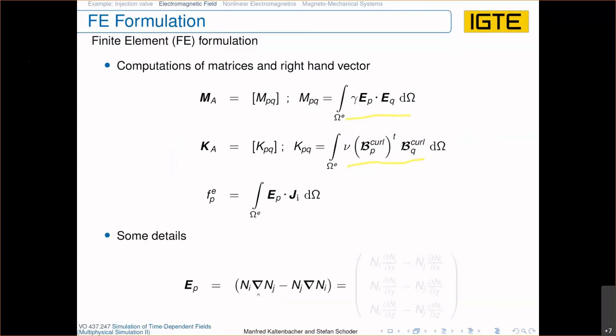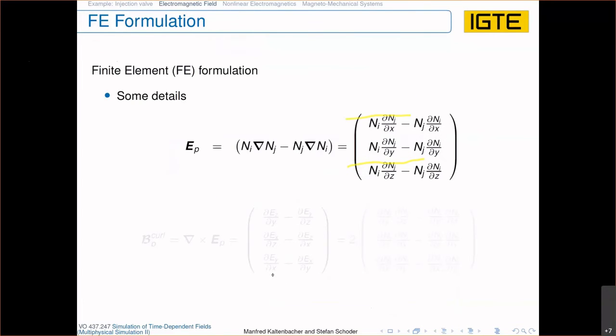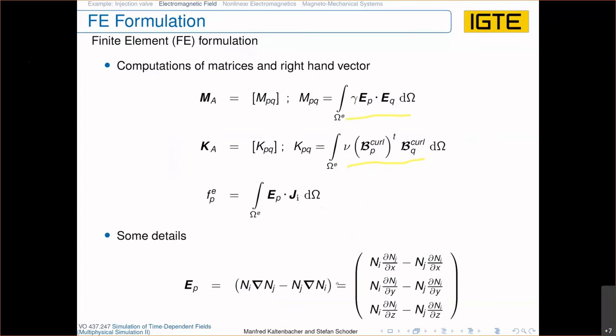We now have to compute the gradients of it, and as you know, we clearly get a vector out here, shown as here. We have n_i partial derivative of n_j with respect to x minus n_j partial derivative of n_i with respect to x, the x component of our vectorial basis function.